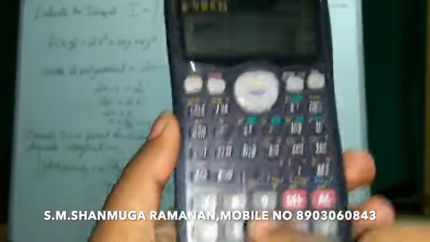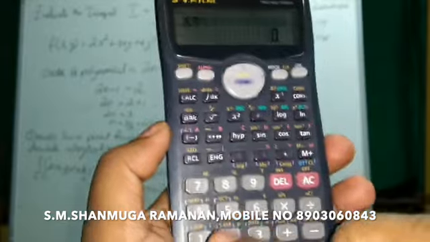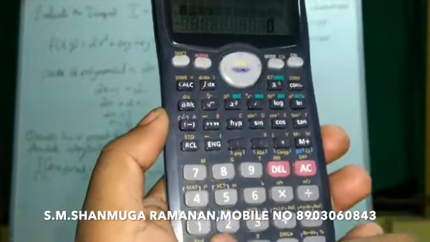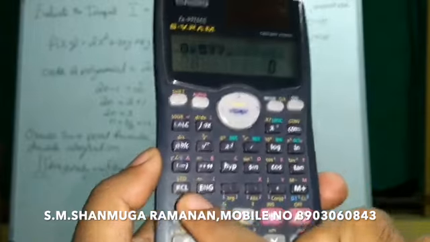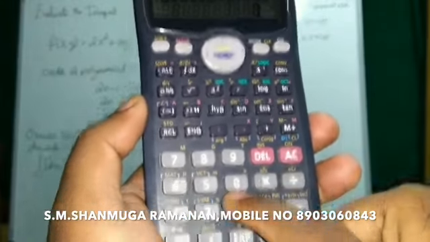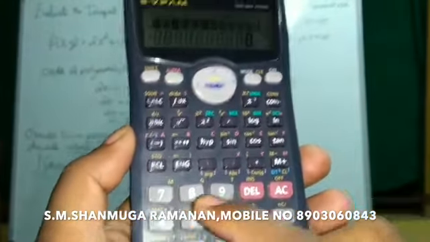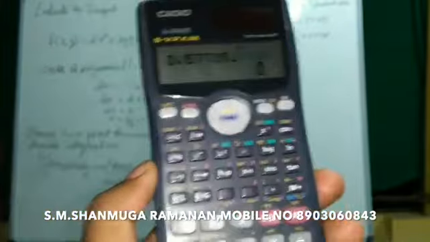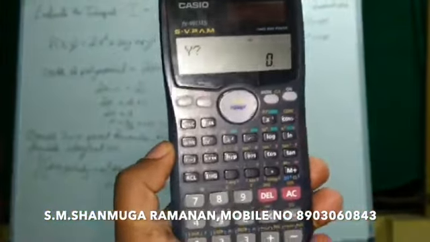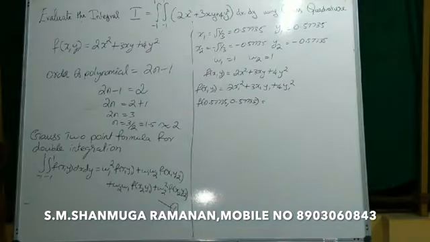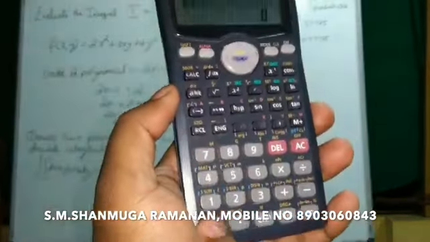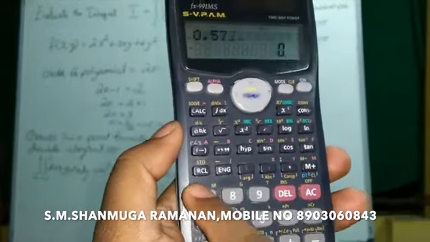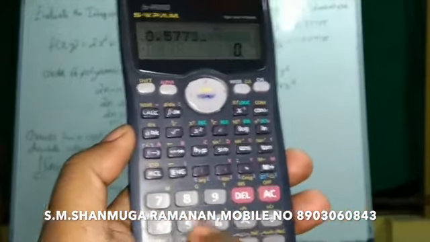Press x equals, then press equal to, then type the y value, y equals 0.57735.